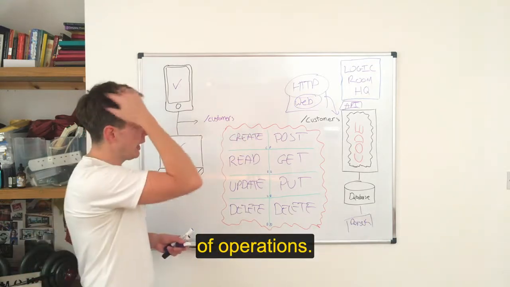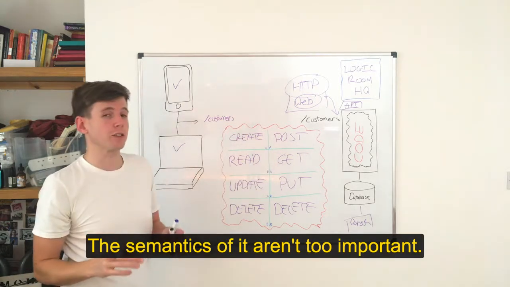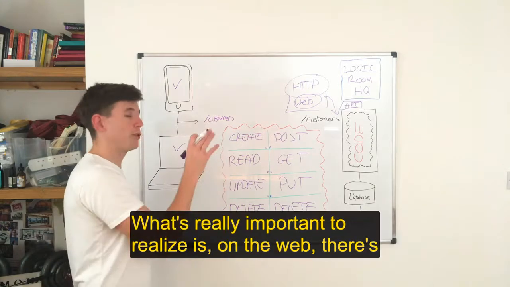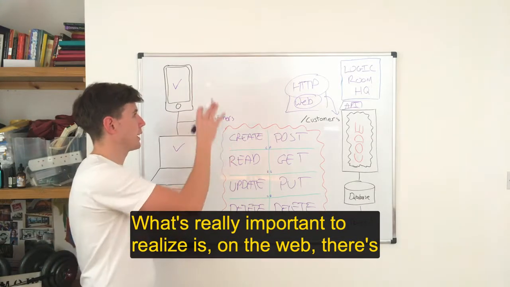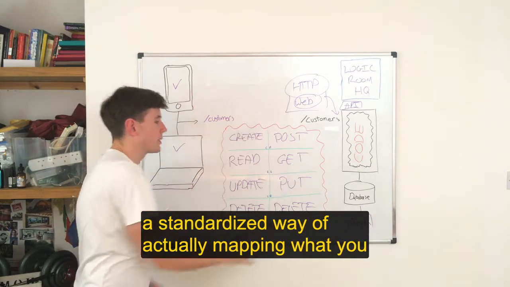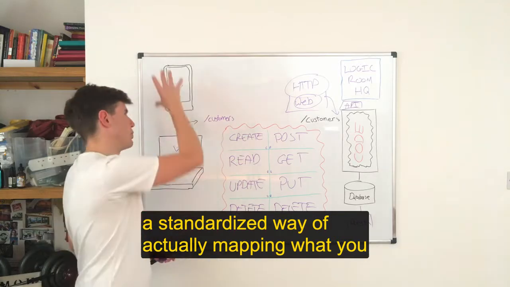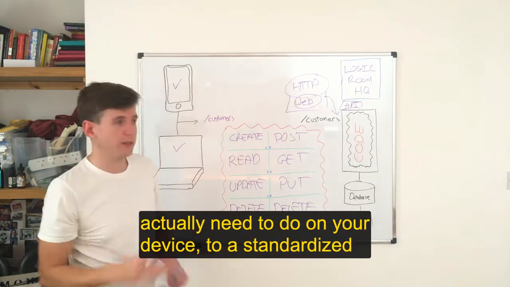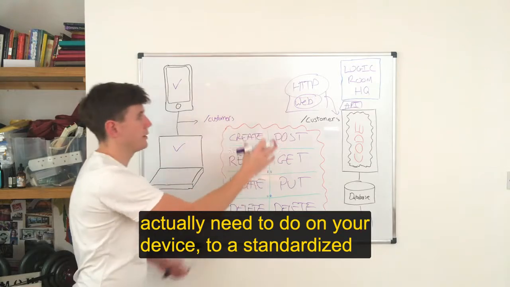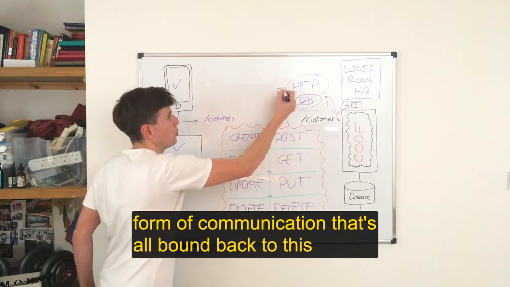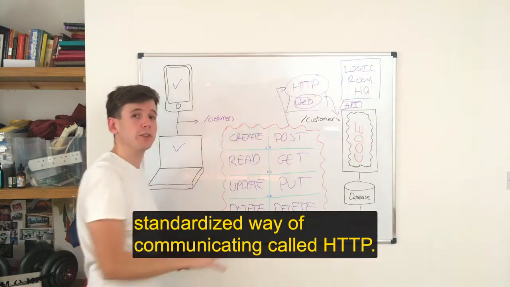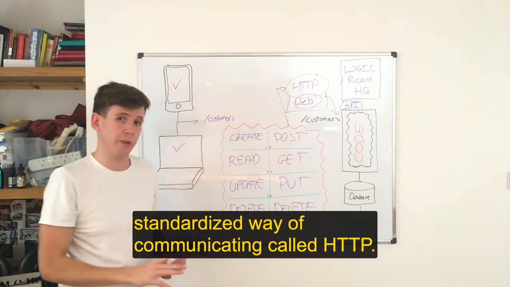The semantics of it aren't really too important, but what's important to realise is that on the web there is a standardised way of mapping what you need to do on your device to a standardised form of communication, all bound back to this standardised way of communicating called HTTP.